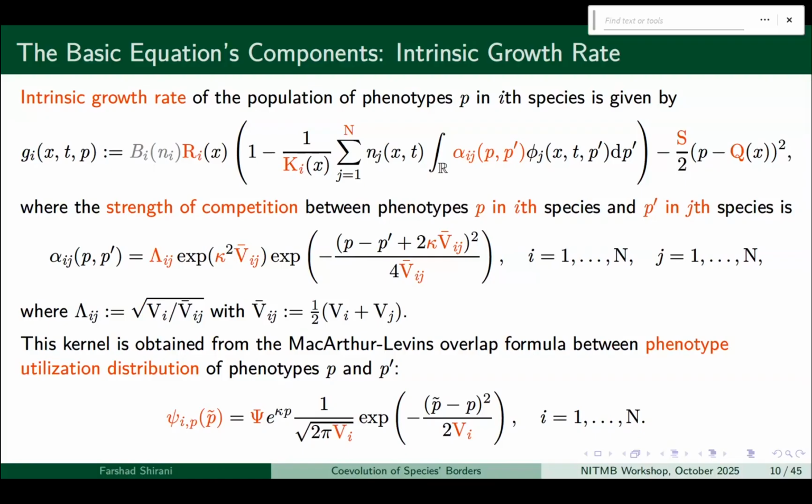And S is the strength of natural selection. Competition is modeled by the overlap formula between the resource utilization functions of the species' individuals, but I call this the phenotype utilization curve because we identify resource access by phenotype access. The overlap between these resource utilizations gives us the strength of the competition.